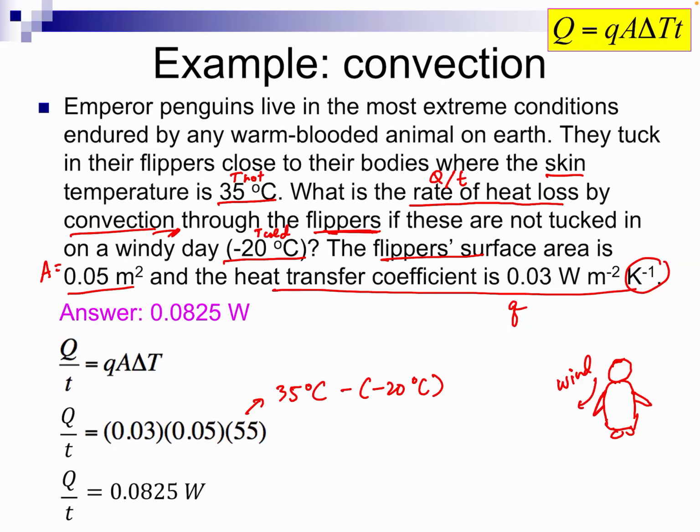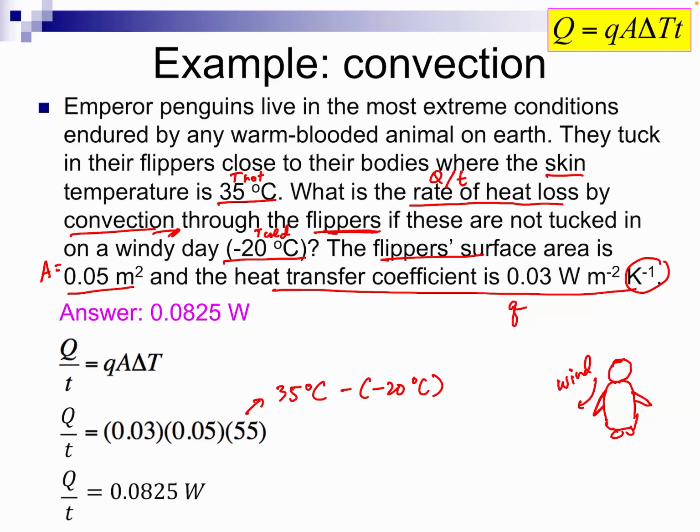If you want to be strict about it, though, then you can do minus 20 minus 35, and that will give you a negative. I would have thought the 35 would be the initial. Yes, except that it's not initial minus final, it's the temperature difference, hot minus cold.